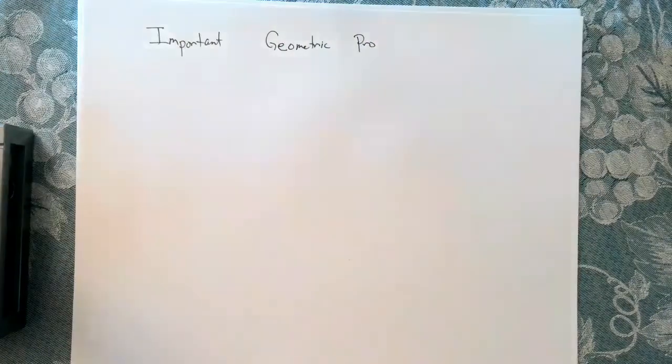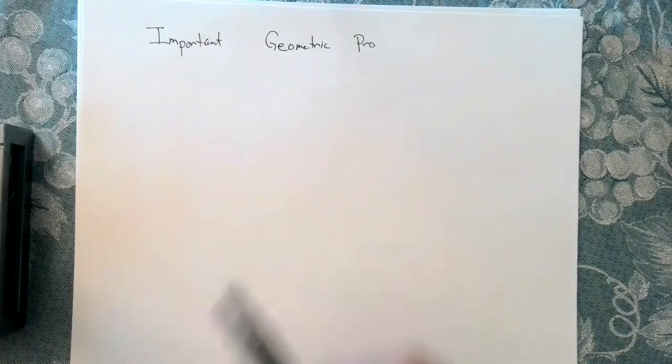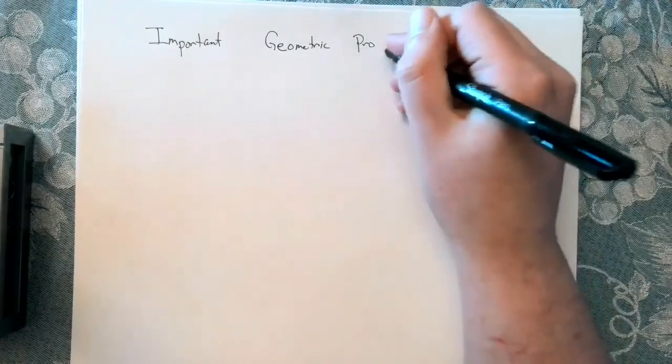We often have to separate the idea of being familiar with something from it being obvious. Obvious means that you know it beyond the shadow of a doubt; you can mathematically prove it. And sometimes we mistake familiarity with something for a mathematical truth. So, important geometric properties.